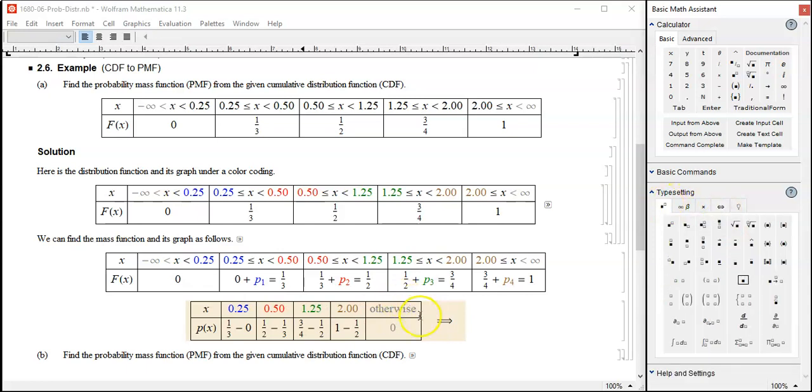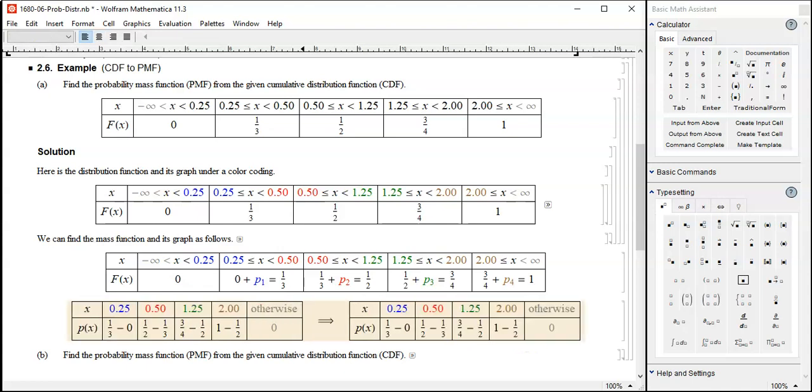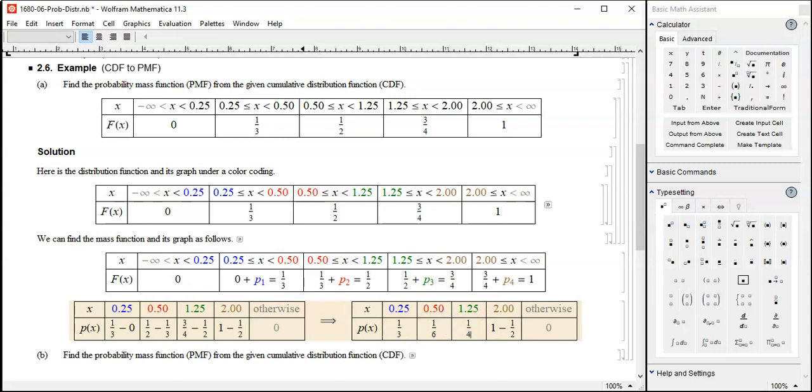Let's complete those, and then I'm going to get to the end of the problem. This is 1/3, and this is 1/6. This is 1/4, and finally the probability 1/2. And let's complete the color coding as well.